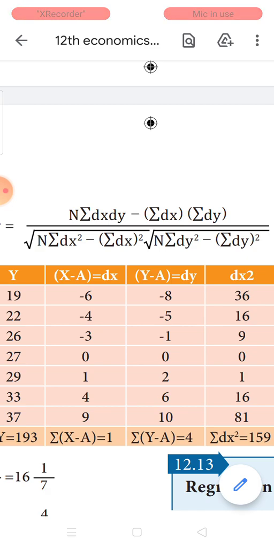After writing the formula, we'll be a little clearer as to what we need to find. First we need to find dx, then dy, and in the denominator we need dx square also. So we have to find the value of dx square. Then we have dy square also, so we need to find dy square. And for everything, we need to find the summation also. Summation means we need to add the values of everything.